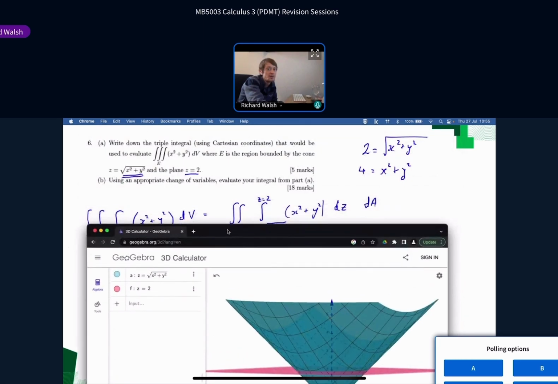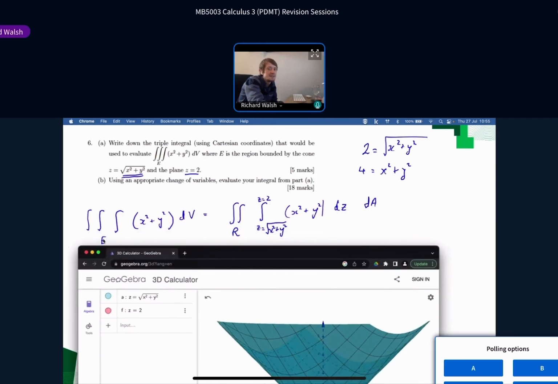So in my triple integral, instead of saying it's the region E, the full three-dimensional cone from 0 up to z equals 2, I take out the height element, the z element, and say z goes up as far as 2 on that cone, and any z value underneath is given by this. That's the height element taken out of it.